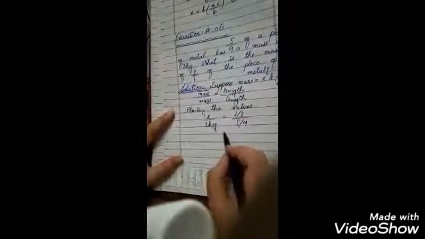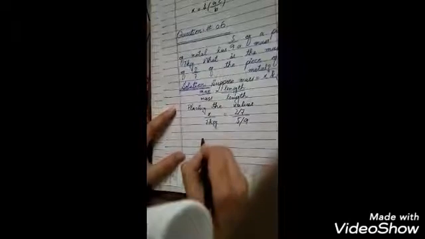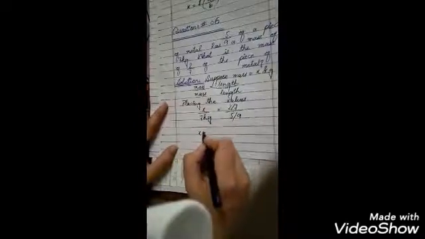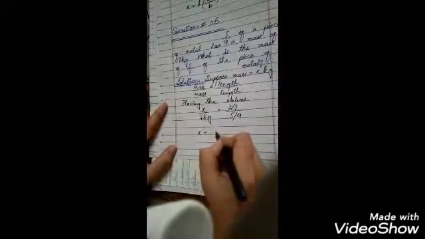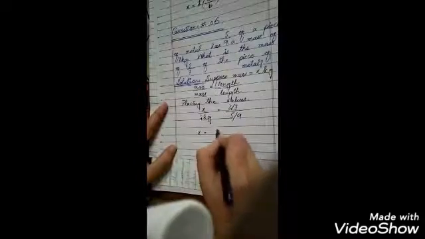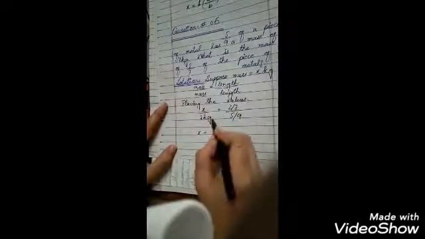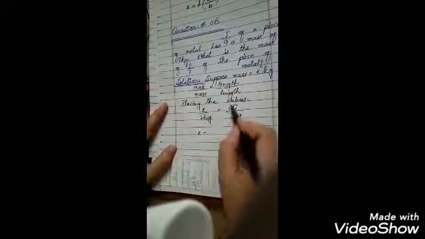Now we have to make x separate on one side. So we take it on one side and we will cross multiply. You know, students, whenever fractions are on both sides and equality is there, we have to cross multiply.